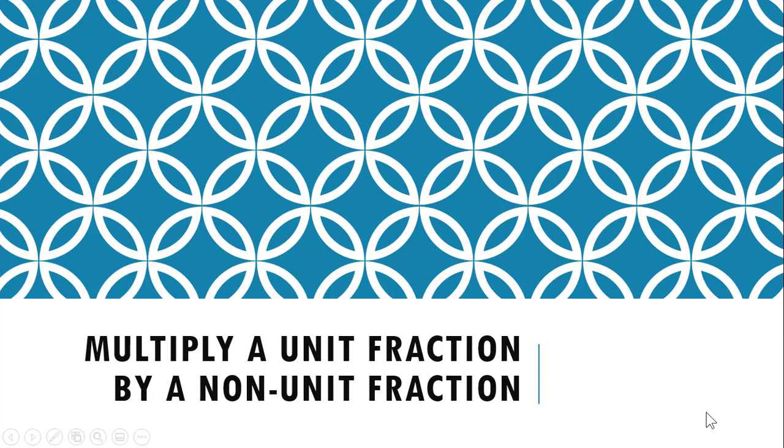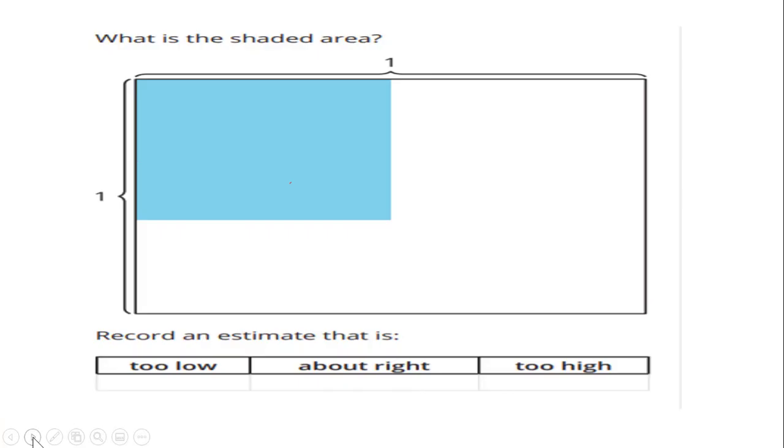Today, let's look for patterns when we multiply fractions. So what is the shaded area in this figure? Well, is the shaded area more or less than a fourth square unit? When I look at this figure, I might divide it here in half.